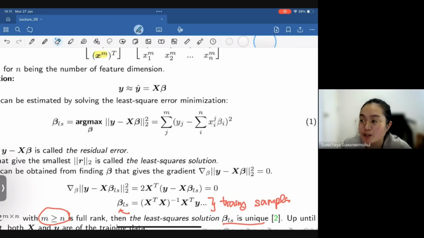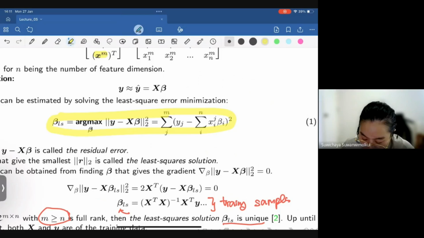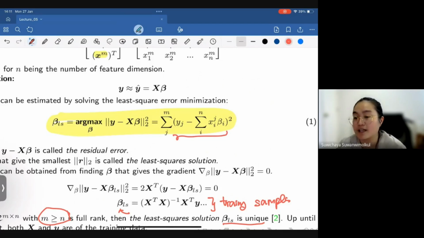But we will learn that there are methodologies to compute a new beta LS, maybe using a different loss function, and that is what we call robust regression.